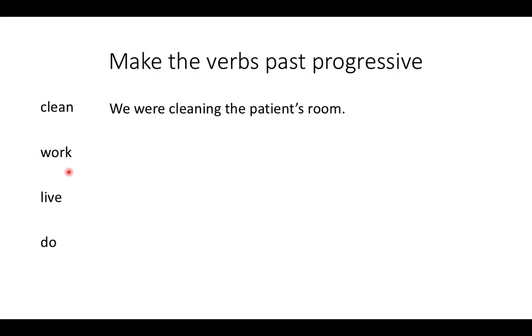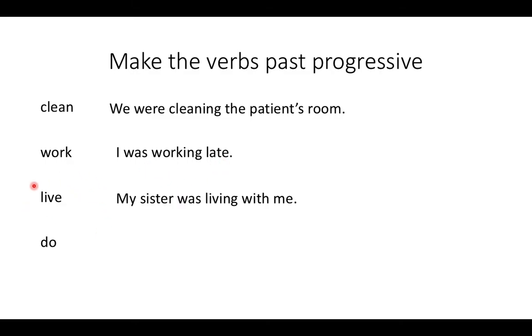For the verb work, again, we add ing, but we also add was or were. And since this sentence says I, it's going to be was. I was working late. Live is the same thing. My sister was living with me.